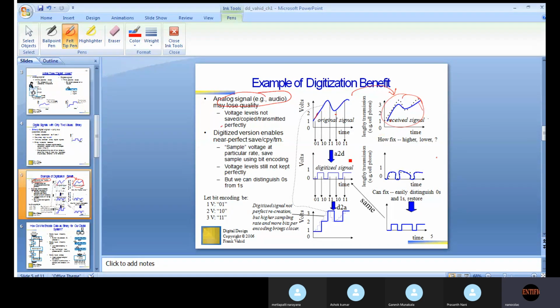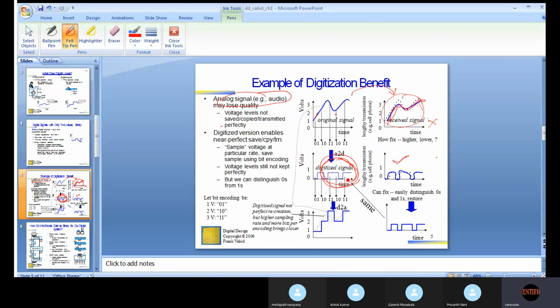That's why we need to digitize the signal. Fixing errors in an analog signal is very difficult, but in a digitized signal, fixing errors or values is very easy.